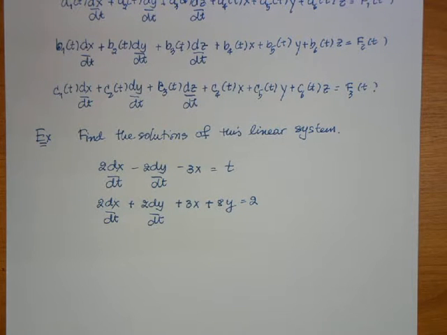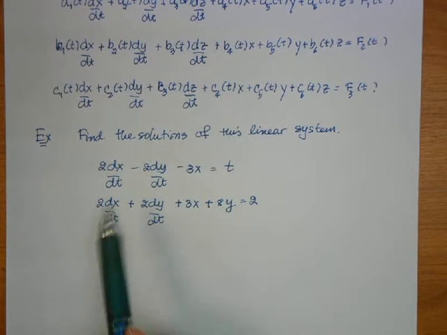2dx/dt minus 2dy/dt minus 3x is equal to t. And the other differential equation is 2dx/dt plus 2dy/dt plus 3x plus 8y is equal to 2.